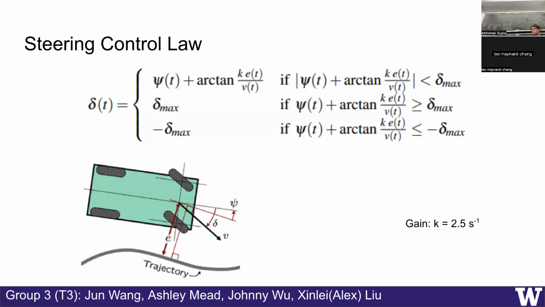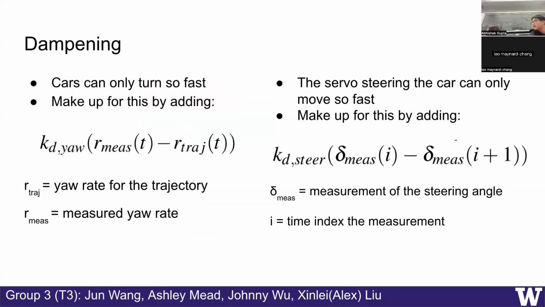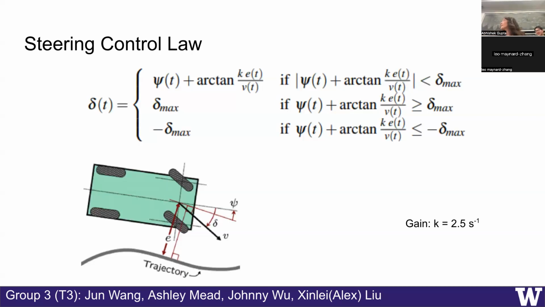Then essentially you're adding the side angle to it, and this whole thing is actually delta. So E is the error and V of t is the velocity.